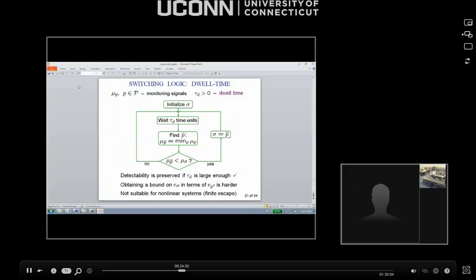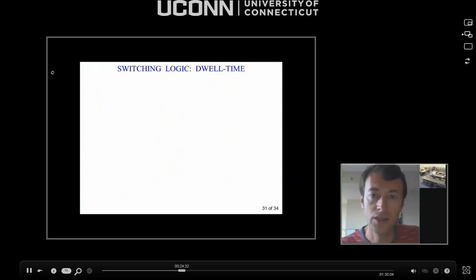We discussed that the switching should not be too fast, and dwell time is one property that allows us to capture this. If I start with the family of monitoring signals that I originally defined yesterday, and I introduce a design parameter called dwell time, which is just a positive number, tau_d, I'm going to consider the following switching logic.